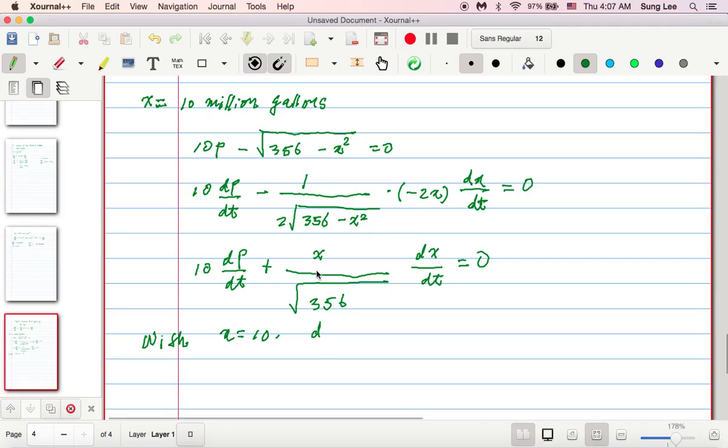So dp/dt is known, it is 0.02. With that, we can find dx/dt.